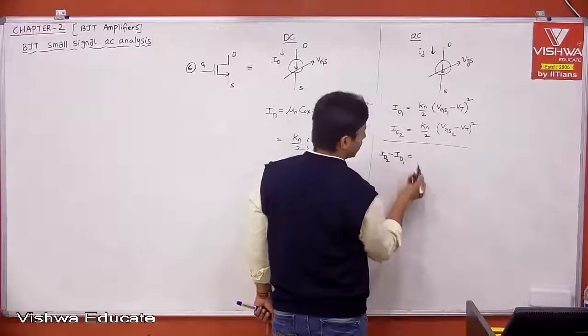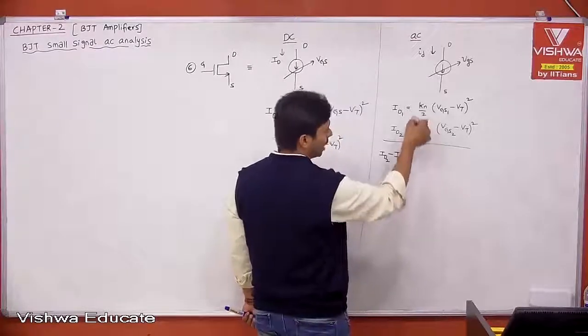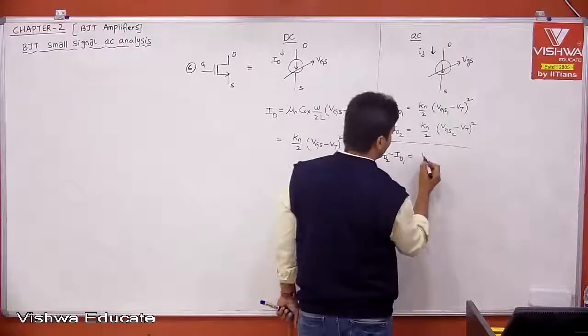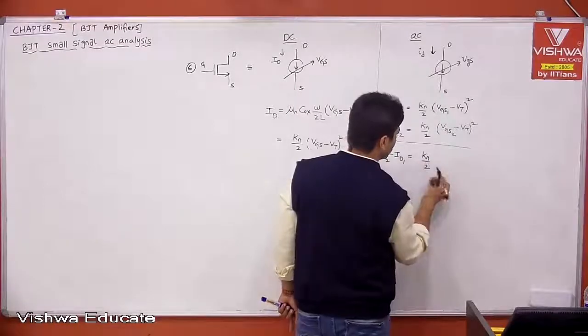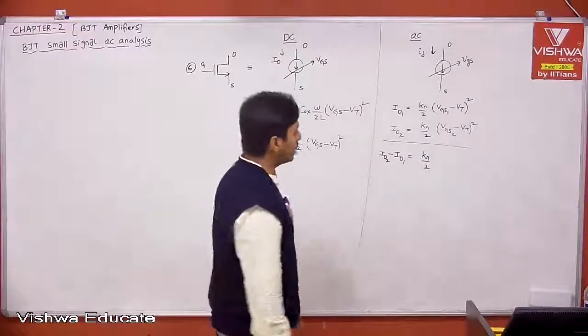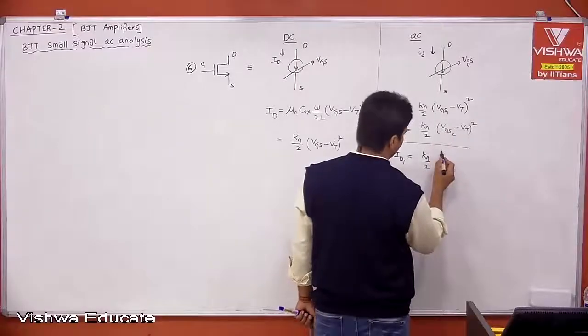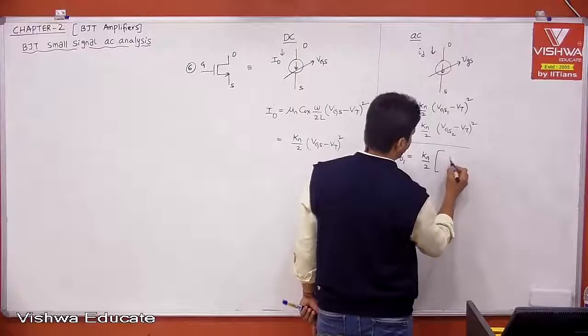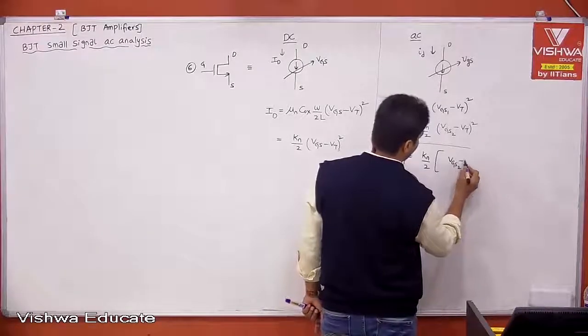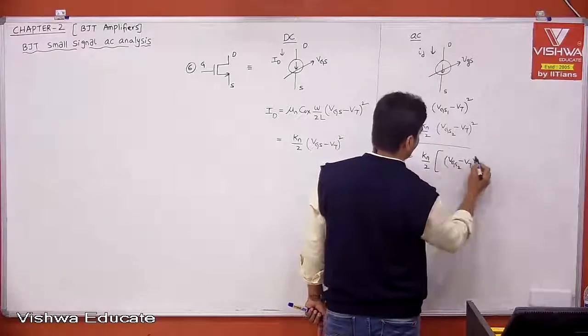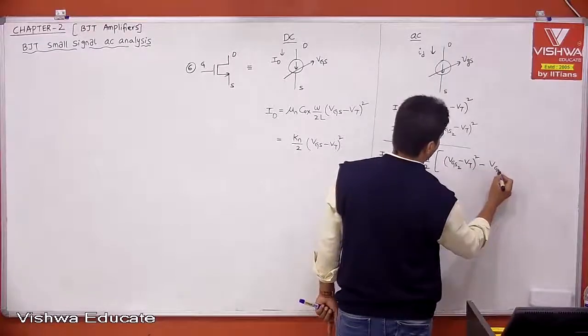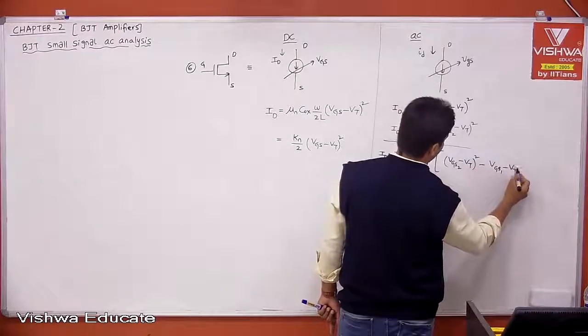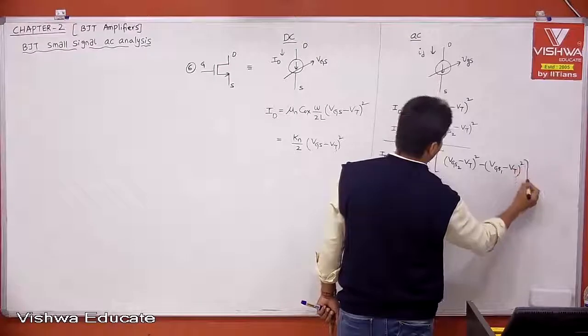When you subtract, your Kn by 2 is constant, so if you take Kn by 2 out, into VGS2 minus VT whole square minus VGS1 minus VT whole square.